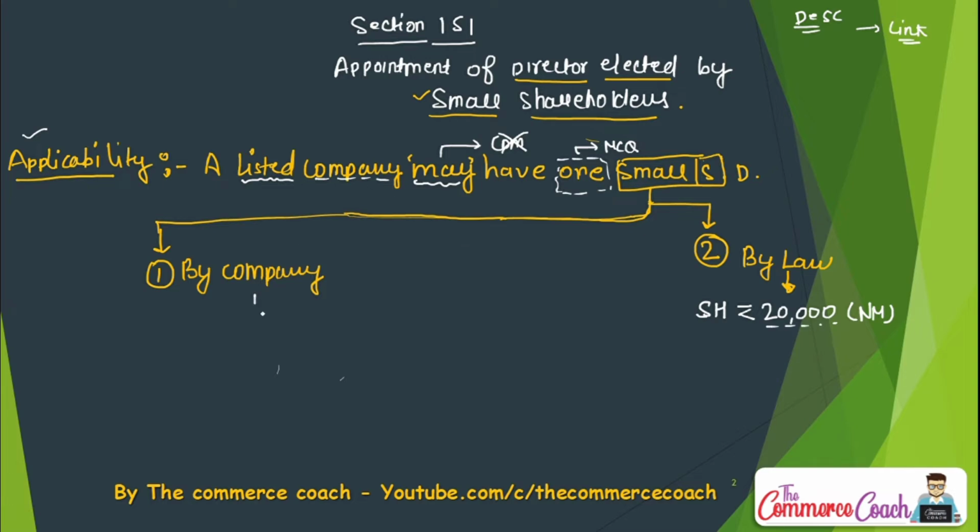Now the company can define any such amount that specifies the meaning of small shareholders. As per the law it is 20,000 nominal value, but the company may define, for example, 25,000 nominal value; that is for example purposes only. So there are two ways to understand the meaning of small shareholders, and it is all about the limit.